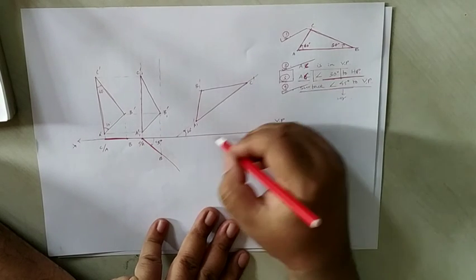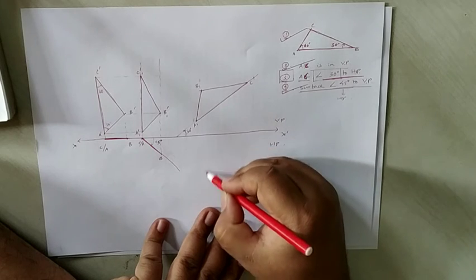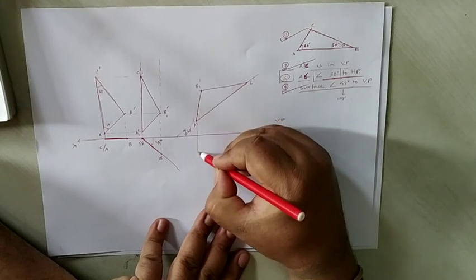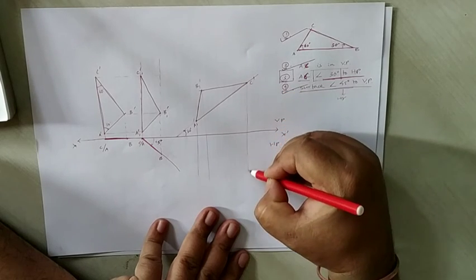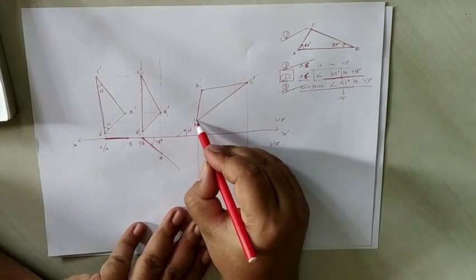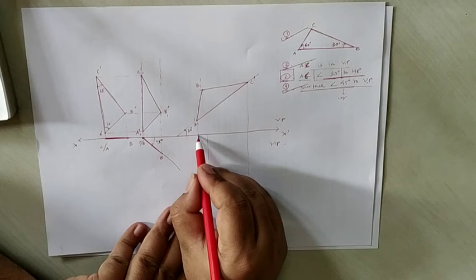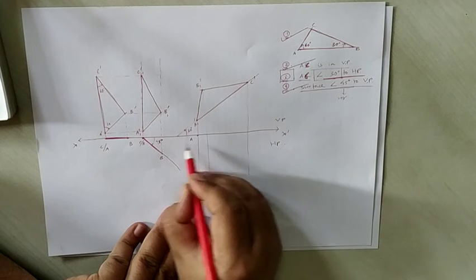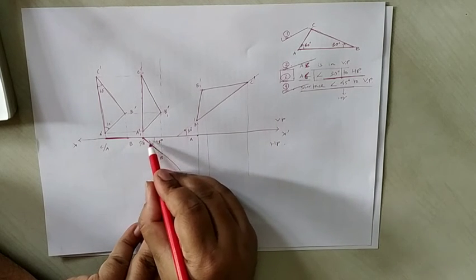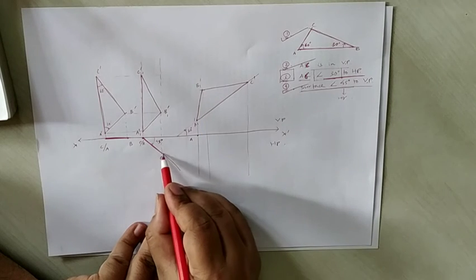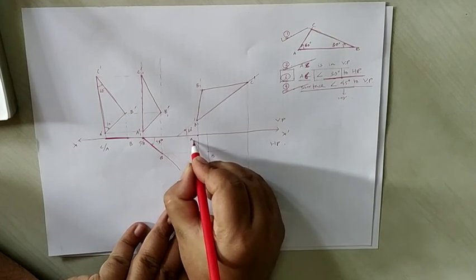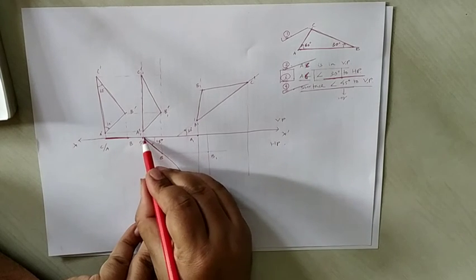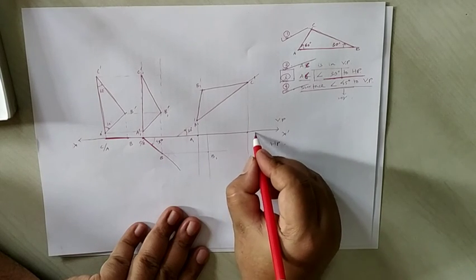Once this is done, now you need to take the projections back here. A lies here, so this will be A. Then B lies here, so this will be B. This may be B1, and C is again here, so C will be here, C1.